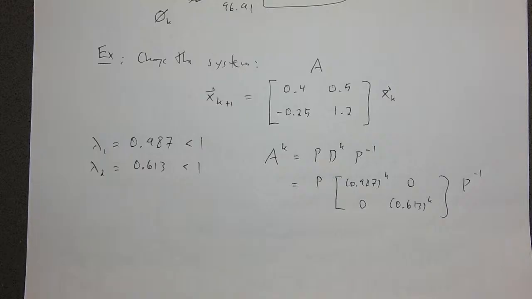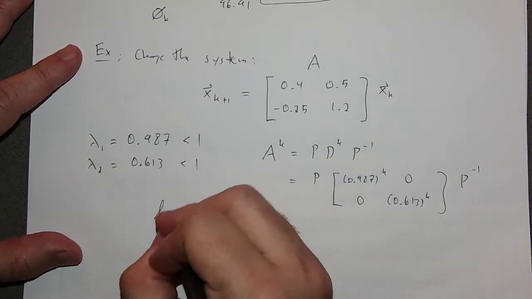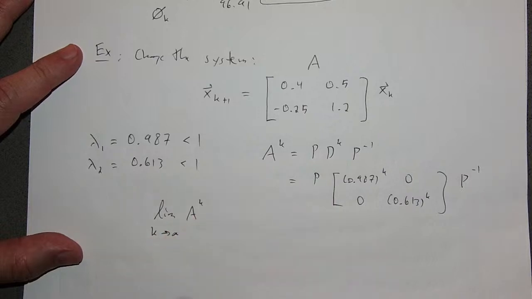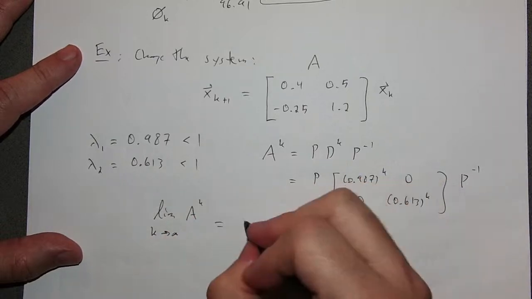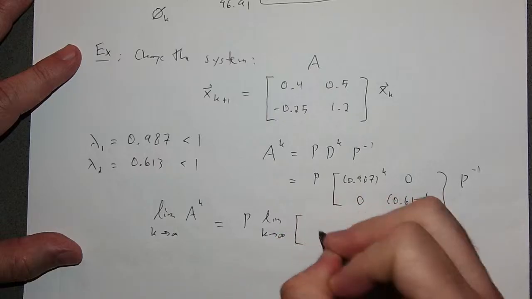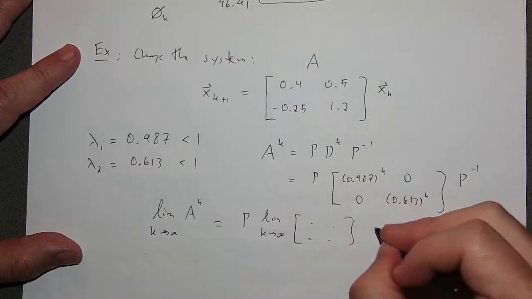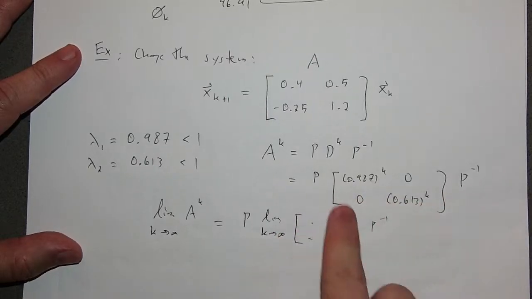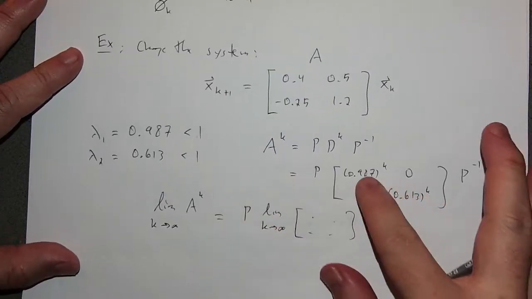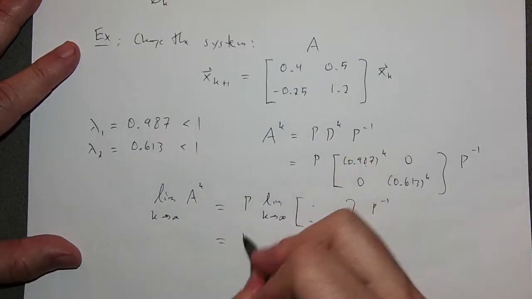What this is when I take the limit as k goes to infinity, I can pass this limit through, so that this is P times the limit as k goes to infinity of this matrix. But the limit of this matrix, because these eigenvalues are both less than 1, is actually 0 everywhere.